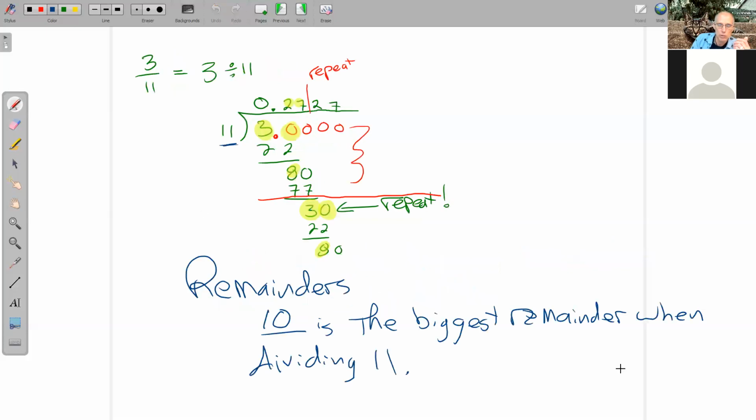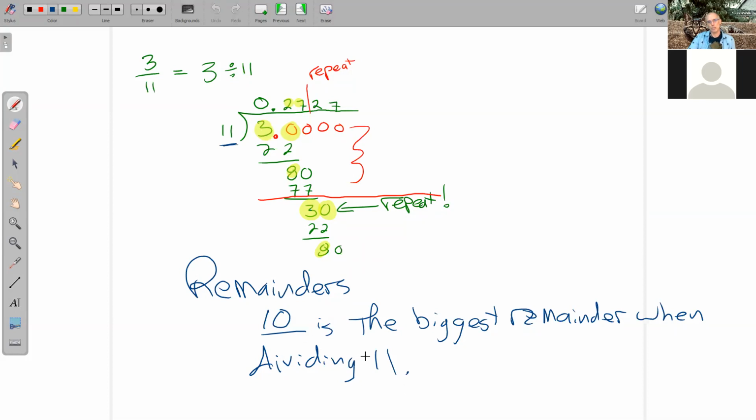For 11, if we have a 0 remainder, that means we stop. It doesn't keep going forever, so who cares? But if it doesn't terminate, I didn't get a 0 remainder, that means I have 10 possible remainders I could get: 1, 2, 3, 4, 5, 6, 7, 8, 9, or 10 when I'm dividing by 11. And that's related to the numerator.